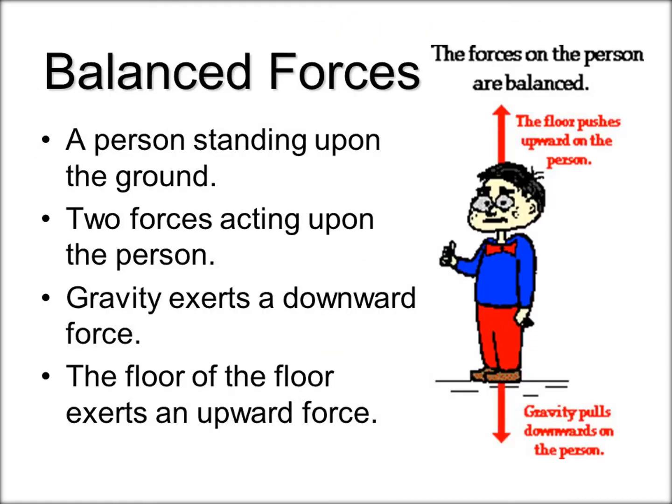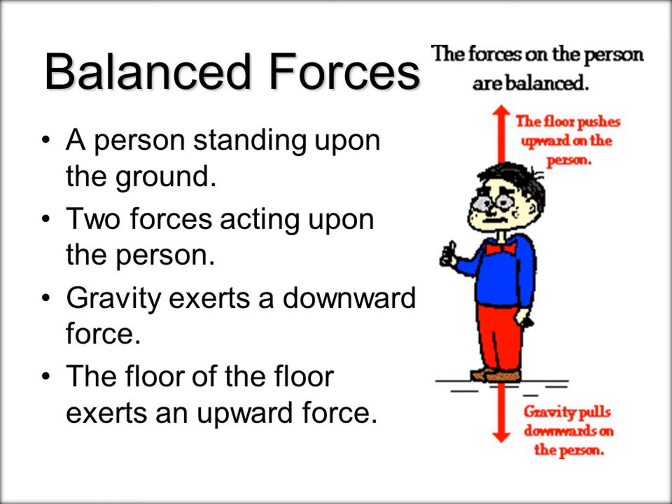Here are the examples of the balanced force. Here a person is standing. There are two forces acting on him. The floor is pushing the boy upwards, as you can see in the image, and gravity is pulling the boy downwards. And both the forces are equal. That is, they are balanced.